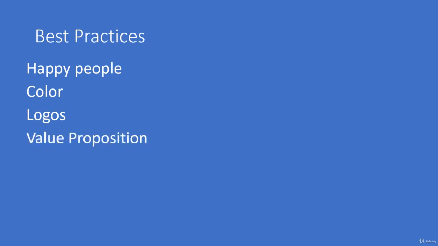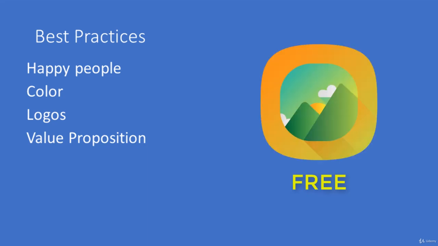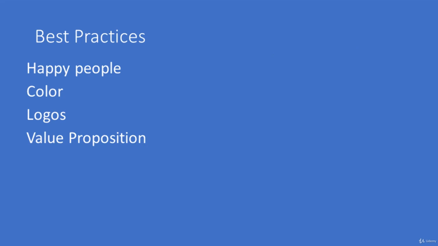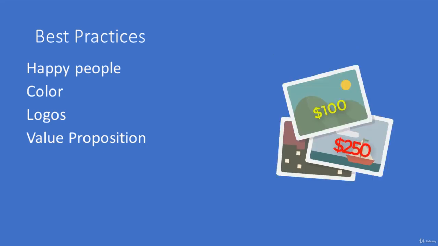Then, value proposition. A clear and solid value proposition is a great way to attract the eye. For example, use awesome colors as well as the word free to grab attention. Run a contest and put the prize within the image, for example, win a $100 gift card.